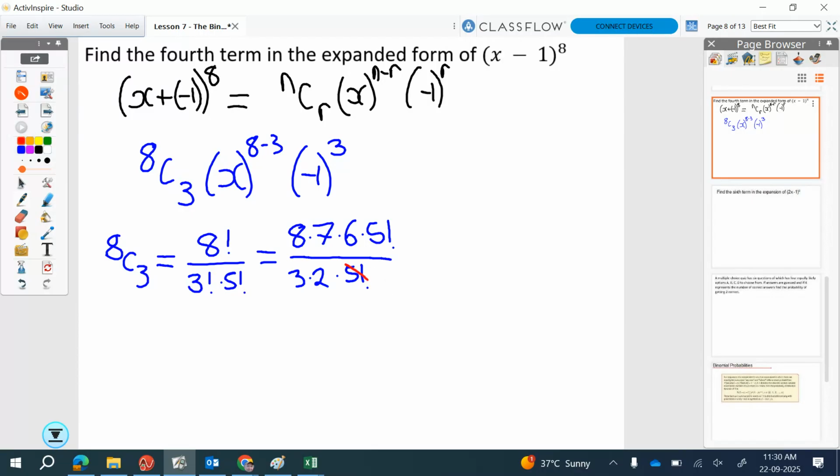Our 5 factorial will cancel out. 2 times 3 is 6. So 8 times 7 is 56. 8 times 7, 7 times 6 and 6 times 8 are the hardest multiplications in the multiplication table. For some reason, those are the ones that everybody struggles with.